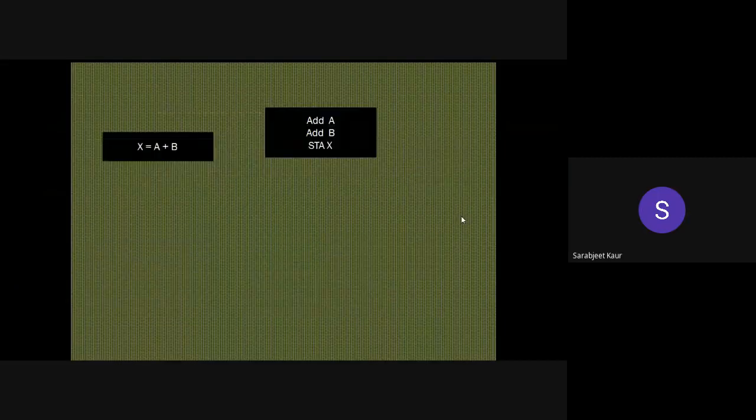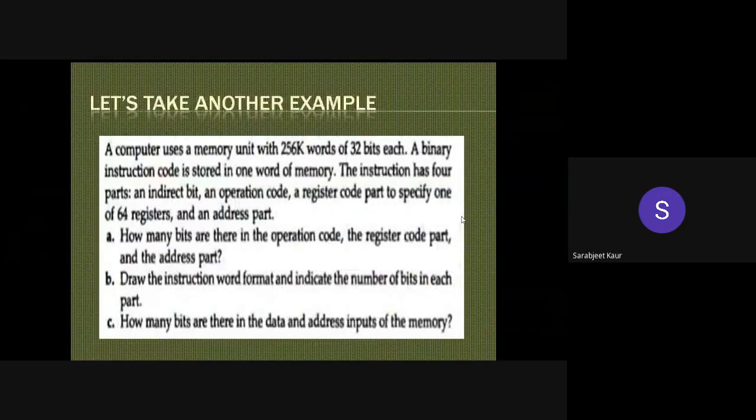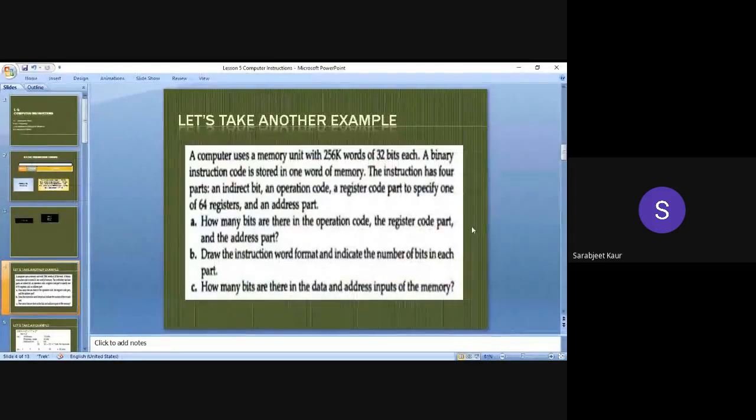Let us move on to another example. This is a question that I've taken from your textbook, so I thought we could solve it in the class. A computer uses a memory unit with 256K words of 32 bits each. Let's draw it so that we become a bit clearer.